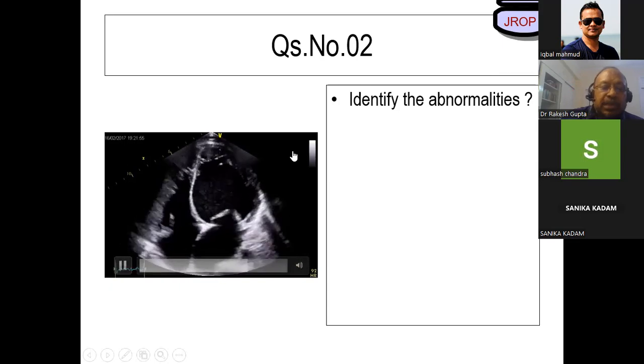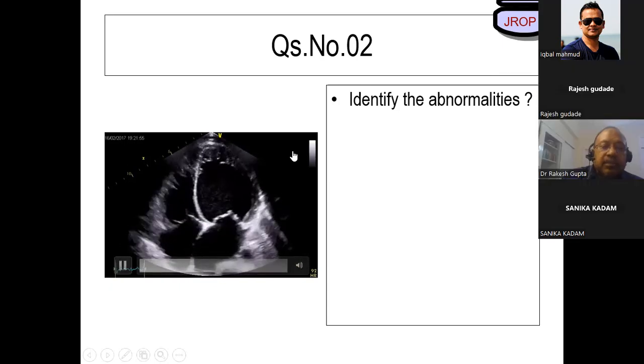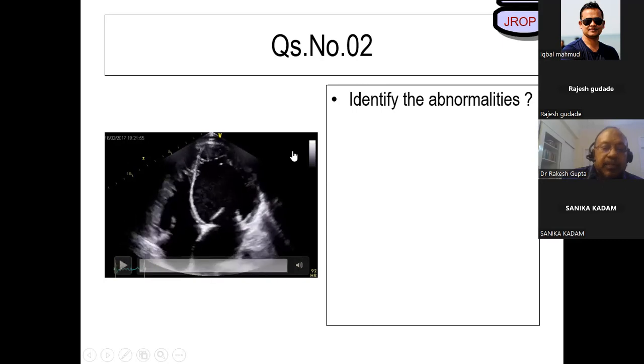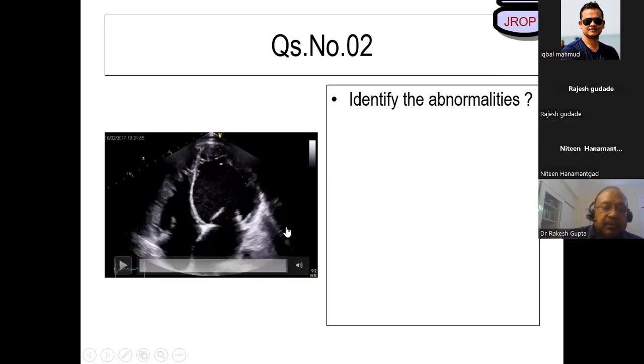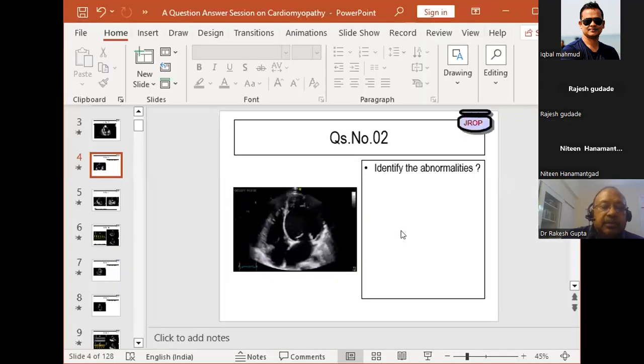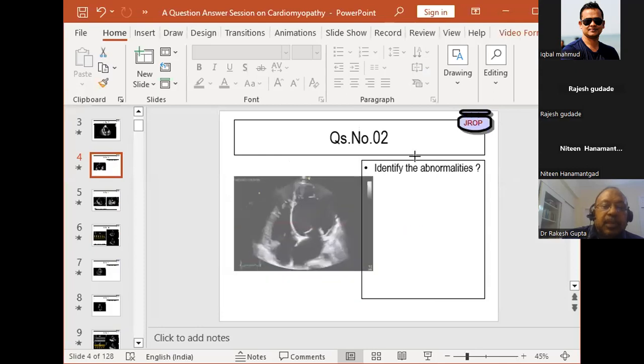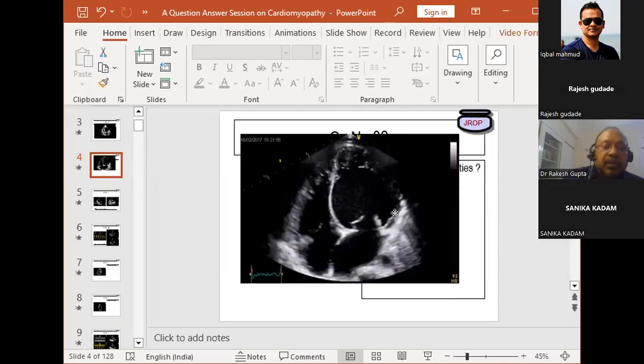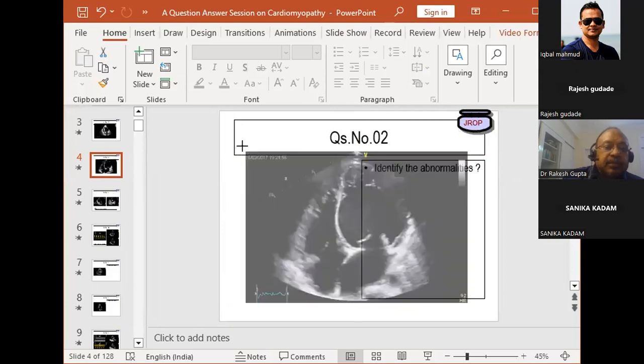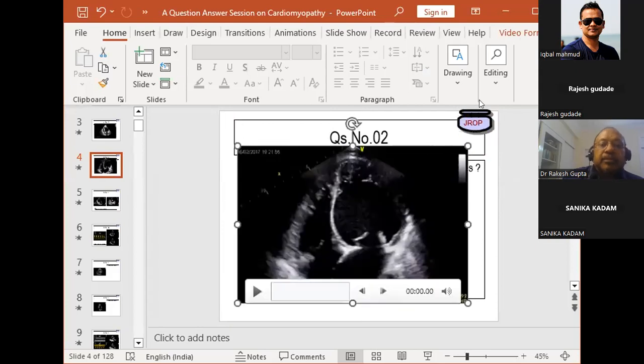Tell me what is abnormal in this. This is a variety of a cardiomyopathy, Sanika. Yes, sir, it looks like a dilated cardiomyopathy, with LV and LA dilated. Okay. Anything else, Sanika?